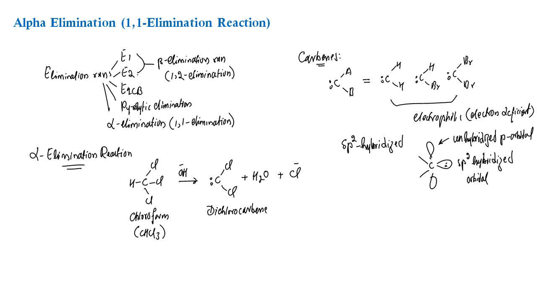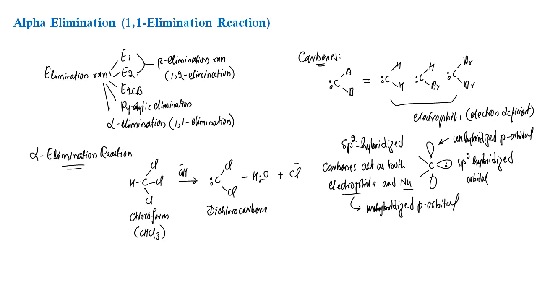So carbene can act as both an electrophile and a nucleophile: electrophile due to the unhybridized p orbital, nucleophile due to the presence of a lone pair.